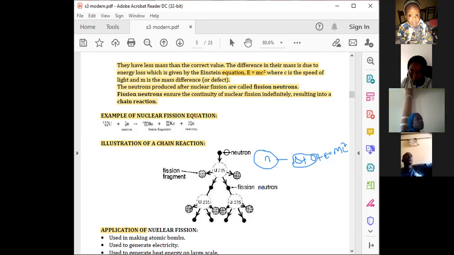If you follow this diagram here, the chain reaction, I have a neutron bombarded with uranium, then it forms two daughters. The first daughter is here, the second daughter is here. But because these two daughters are also unstable, it continues.